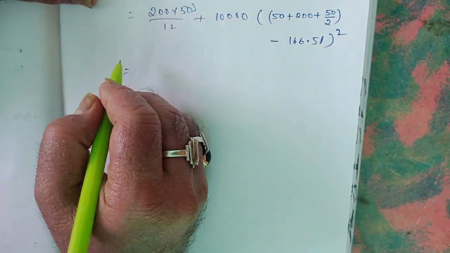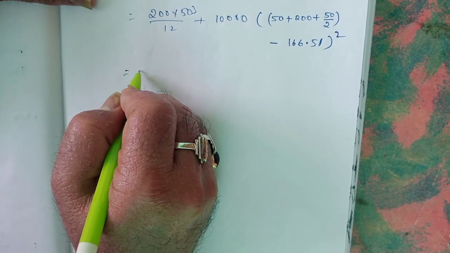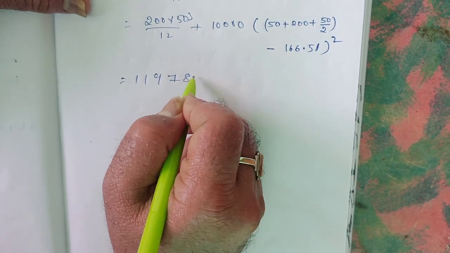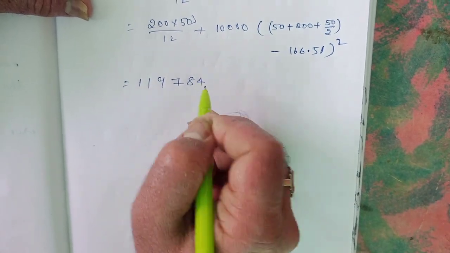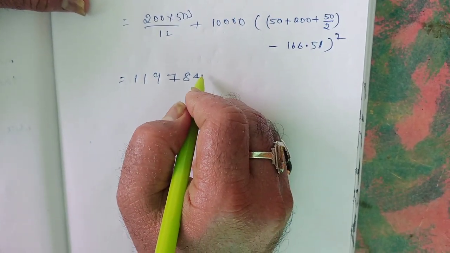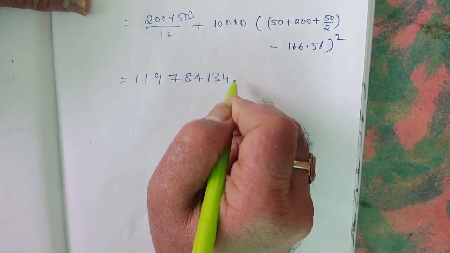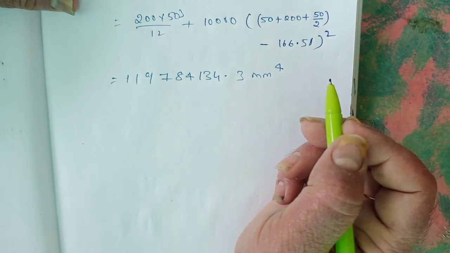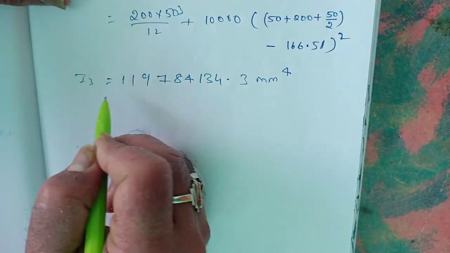So this is equal to 11 97 84 134.3 millimeter to the power of 4. This is I3.